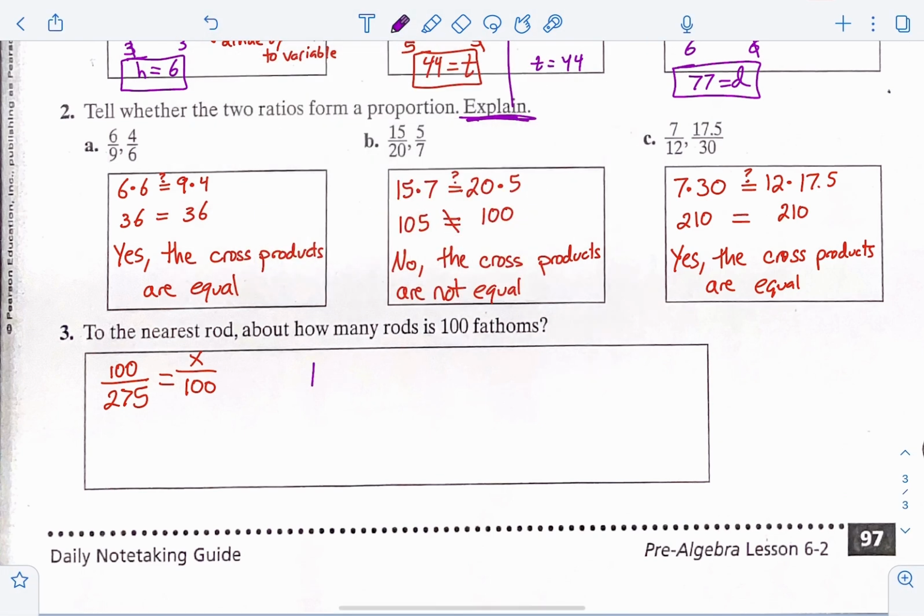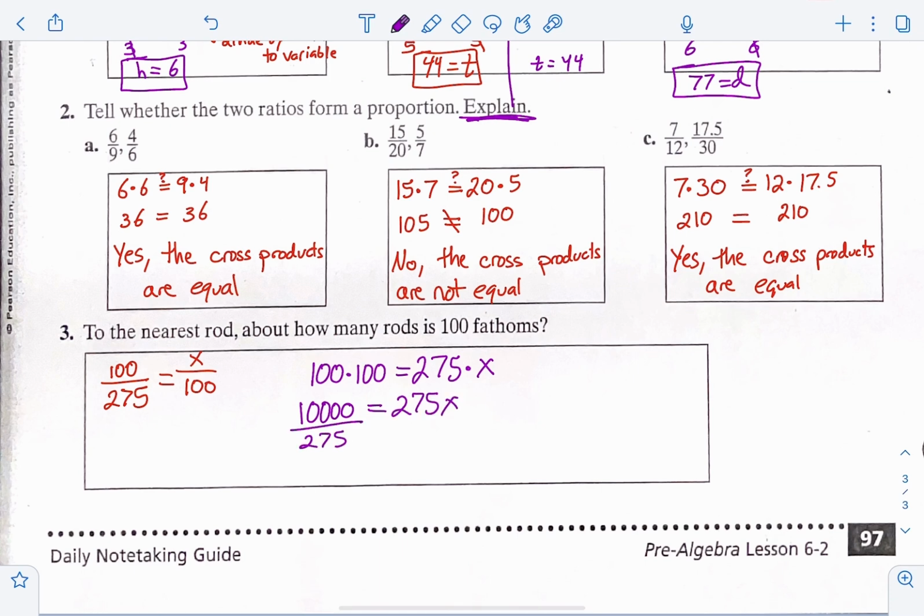Okay, so we have 100 times 100 equals 275 times x. So then 10,000, we should have 4 zeros, equals 275x.